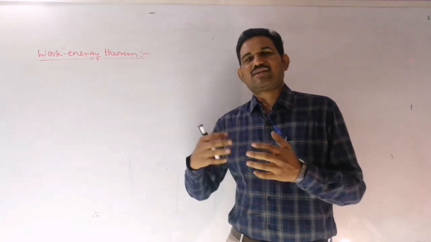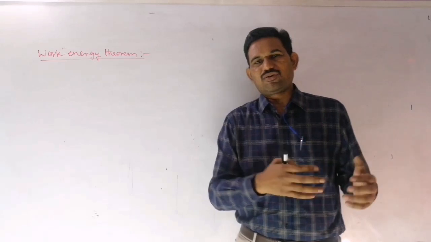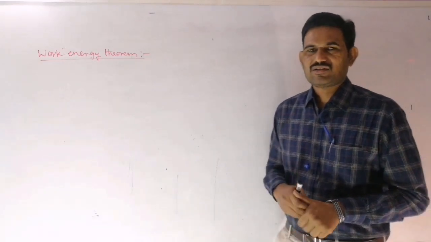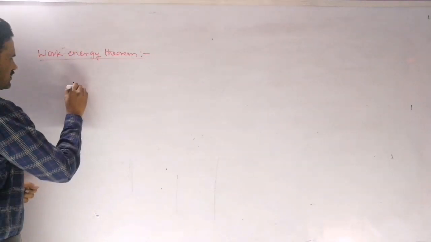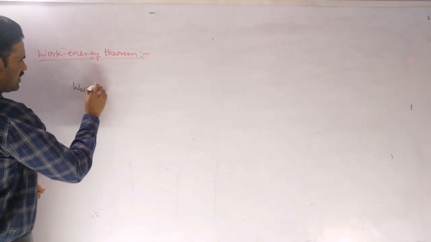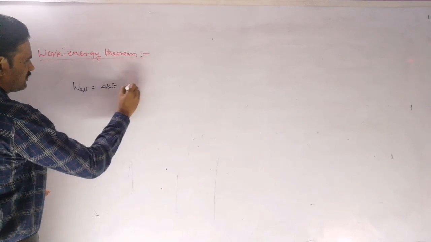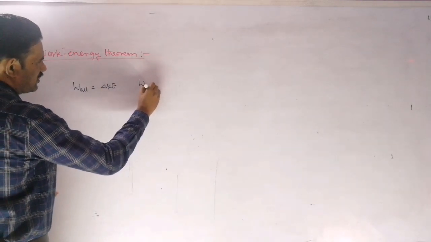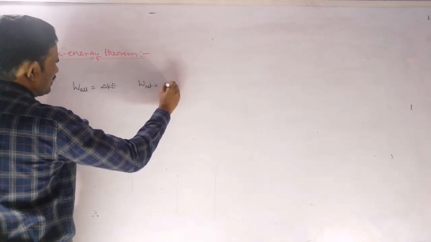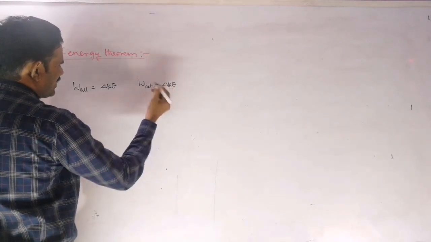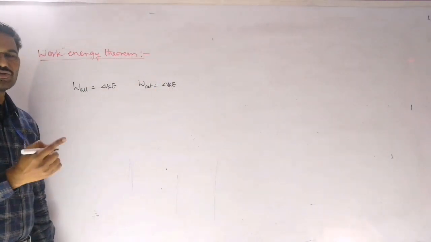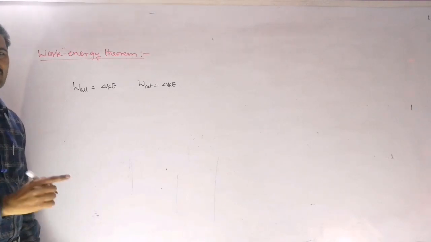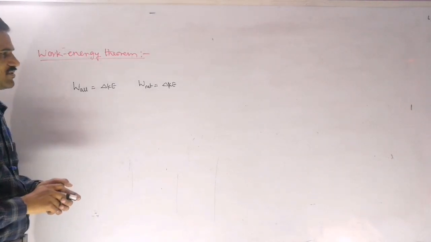Or I can say the net work done by the net force is equal to the change in kinetic energy. As we are writing change in kinetic energy, we need to mention it as final kinetic energy minus initial kinetic energy. First write the statement.